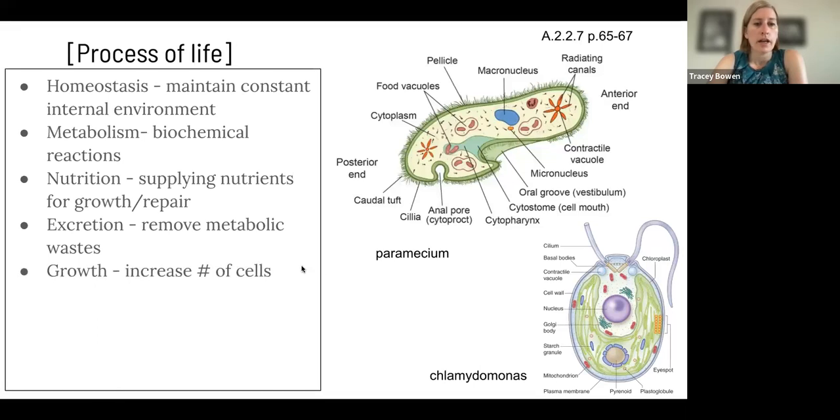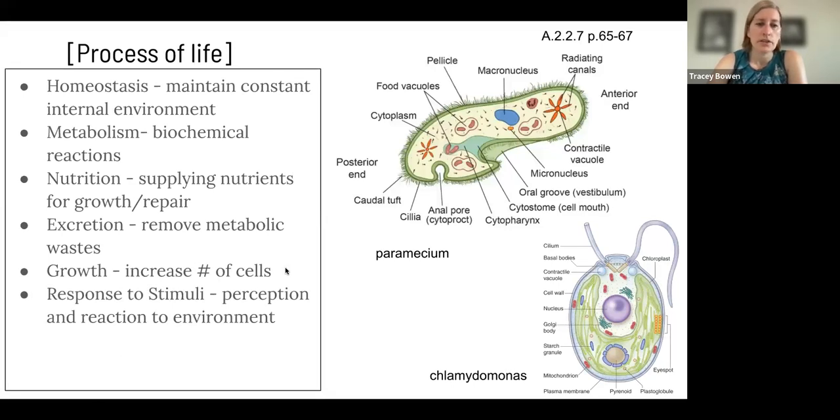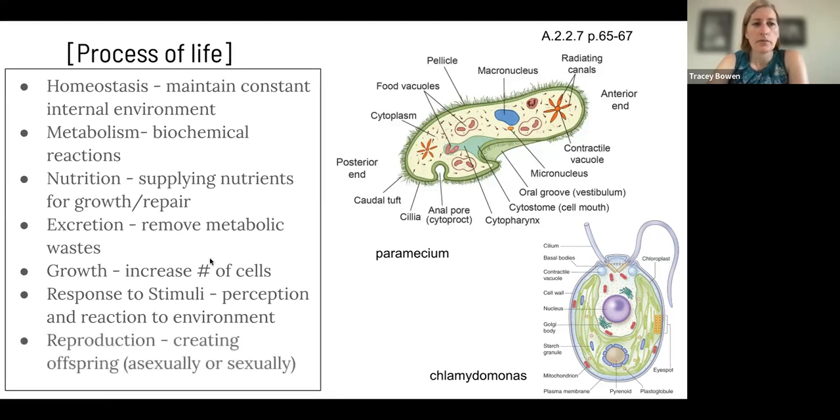They're going to grow, which is an increase in cell size. They're going to respond to stimuli, so they're going to perceive their environment and swim around in it as a byproduct of that. They are able to perceive threats, for example. And lastly, they're going to be able to reproduce.